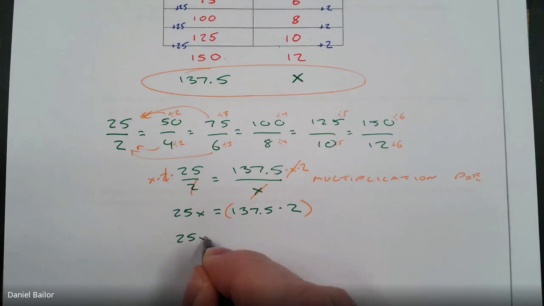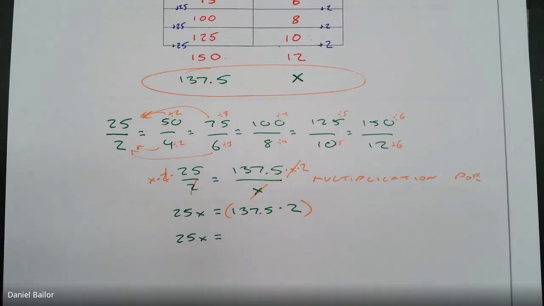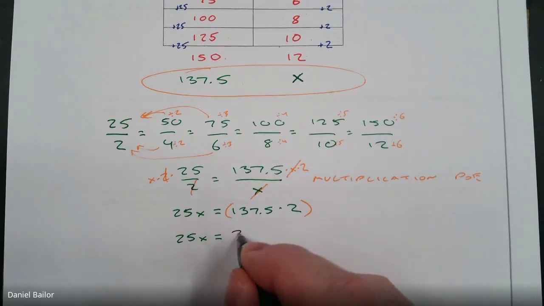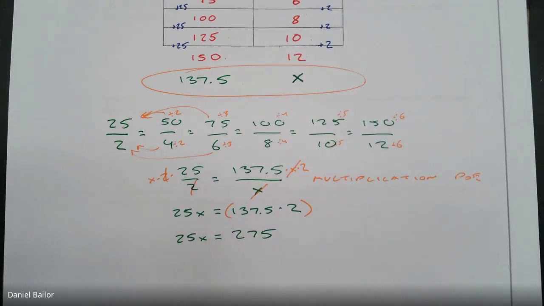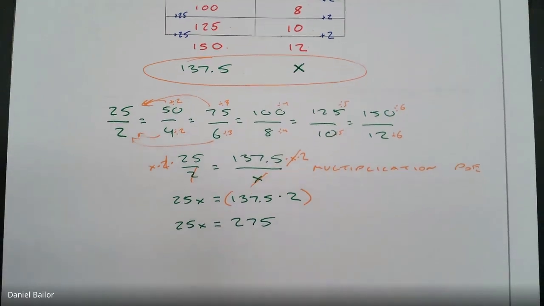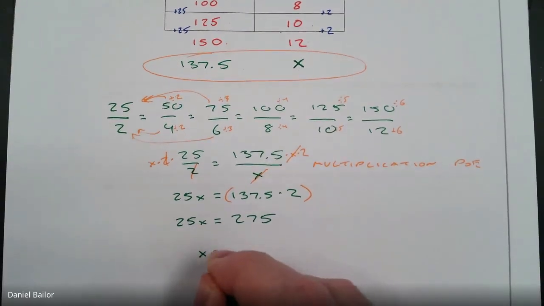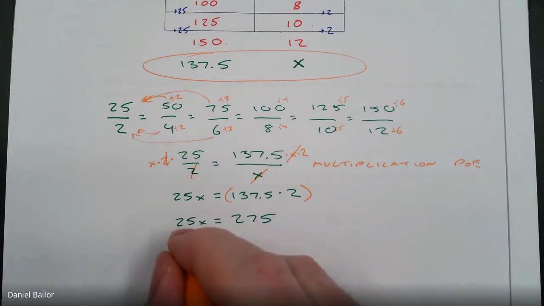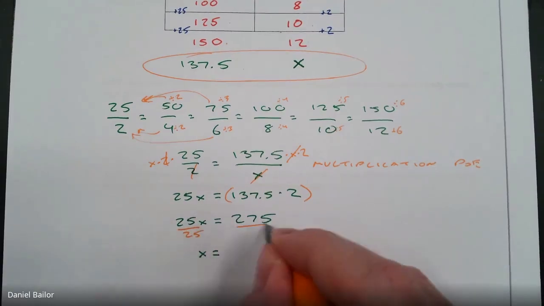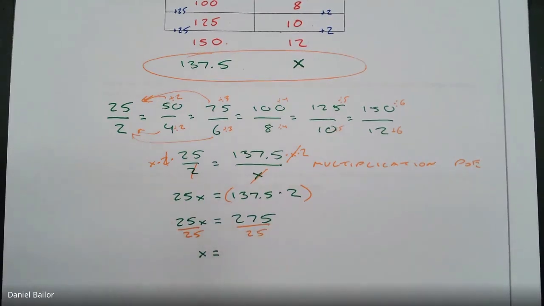We get 25x equals 275. Now remember, we only want the x isolated. So we use the division property of equality, divide both sides by 25. And 275 divided by 25 is 11.